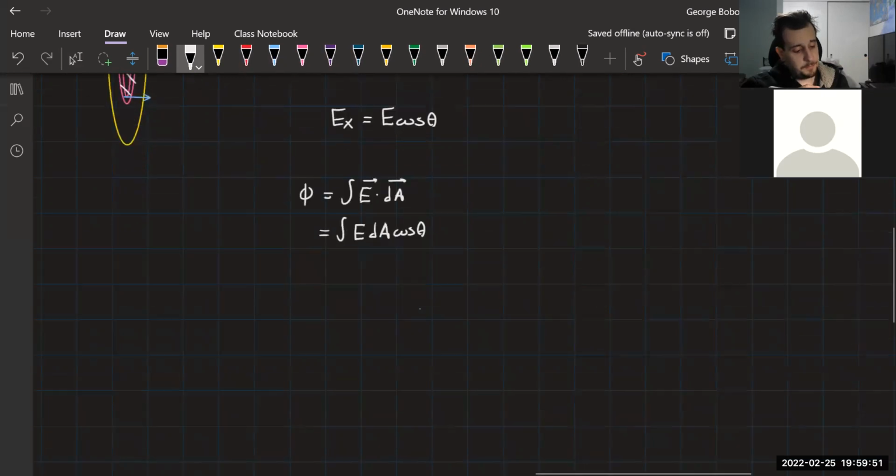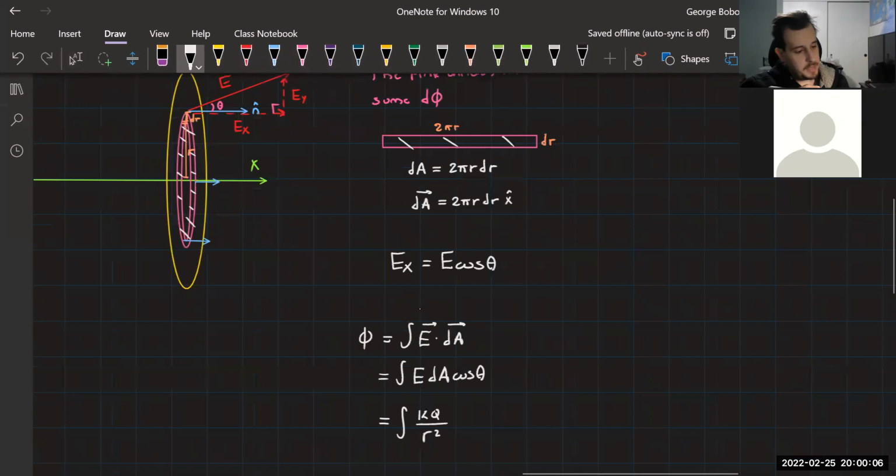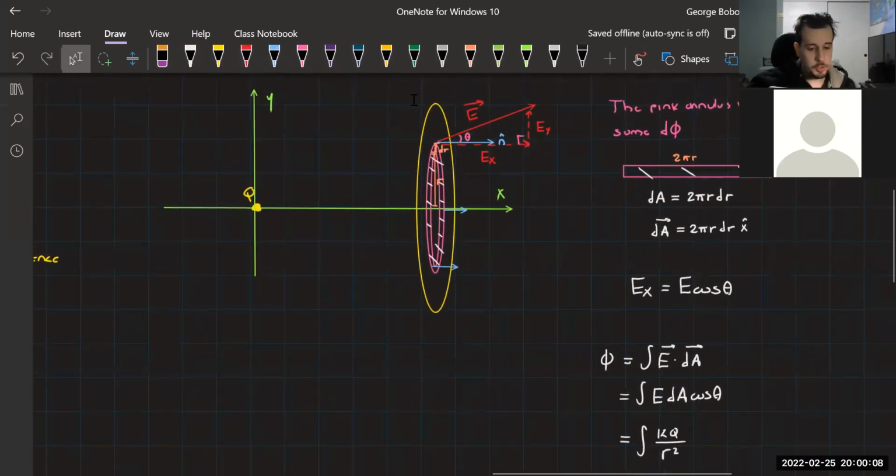So in my next step, what I'm going to do is I'm going to introduce what E is in terms of R normally. So I have, again, kQ over the spherical R squared. That is the spherical R. Let me show you here what I'm talking about. This guy here is the spherical R. You can think about having spherical coordinates right now, like this, I guess.